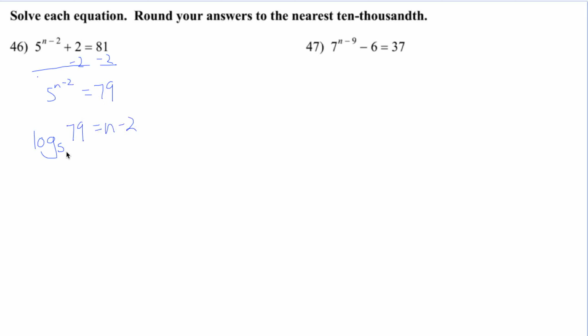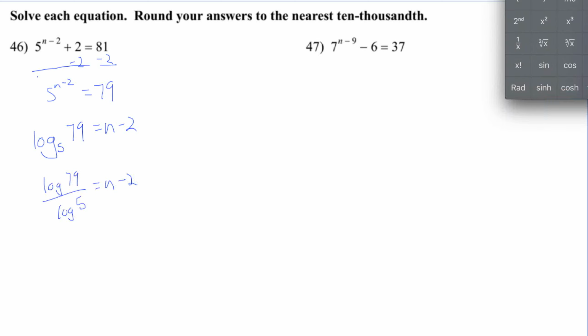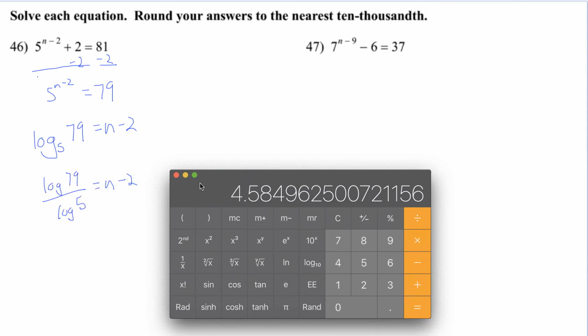And now once again, I'm going to pull the calculator out in a minute, and I'm going to use that change of base formula we just used. We're going to type in log of 79 over the log of 5, because we want to find out what number this is equal to, equals n minus 2. So bringing back the calculator, let's clear this. We need log of 79, so 79 log divided by 5, hit the equal sign.